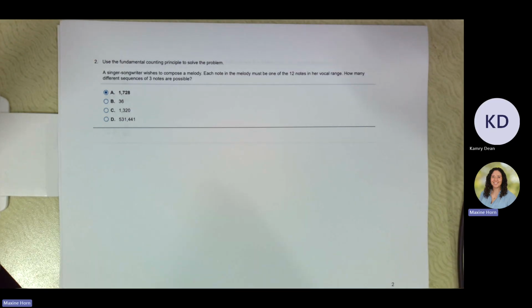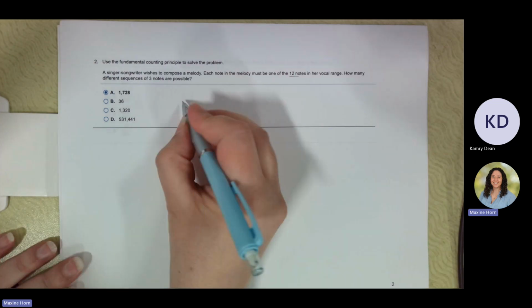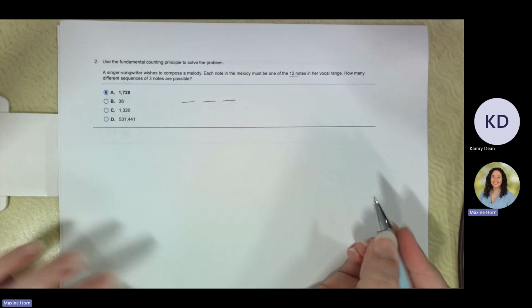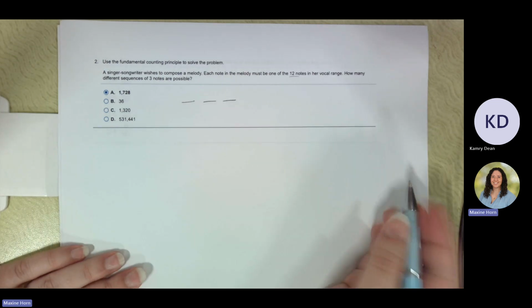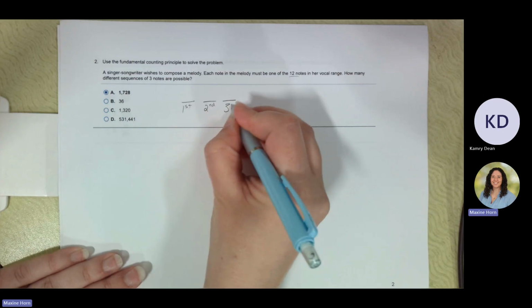Number 2, again, use the fundamental counting principle to solve the problem. A singer-songwriter wishes to compose a melody. Each note in the melody must be one of the 12 notes in her vocal range. How many different sequences of 3 notes are possible? So very similar problem. I'm going to create a 3-note melody. This is my first note, this is my second note, and this is my third note.